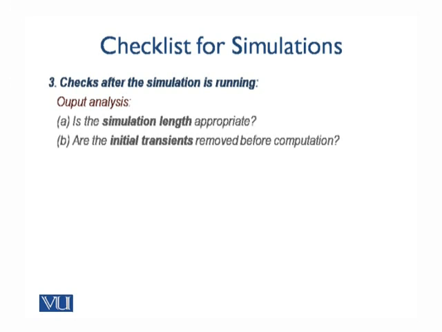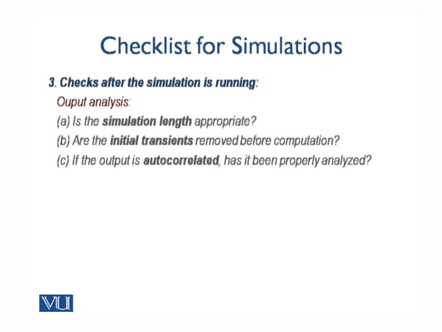Secondly, we have to see that the initial transients are removed before computing the results, because as mentioned before, the starting conditions of simulations have an effect on the results, especially if this is a steady state simulation. So in such cases, we must remove the initial transients, because that is not typical of the steady state statistic of whatever we're trying to estimate.